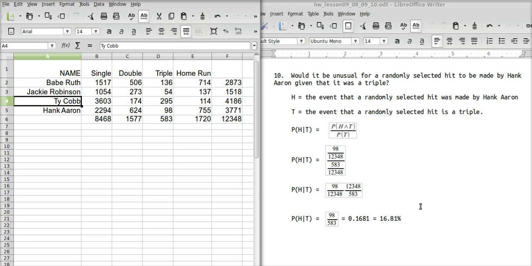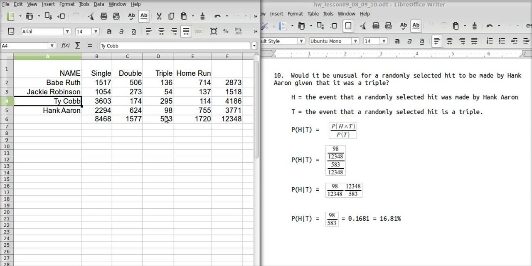Also, another way, right, this is sort of a longish way to do these problems here. One way that you could do it is, if you think about this, they want to know the probability the hit was made by Hank Aaron, given that it was a triple. So really, you're kind of narrowing down your sample space to those 583 triples that we have here.